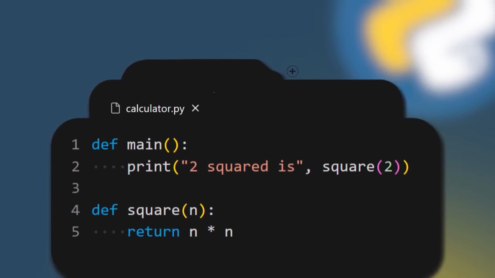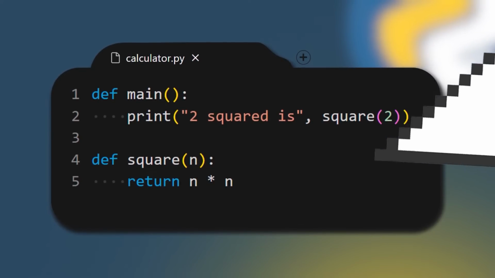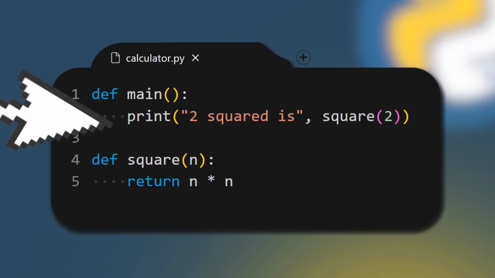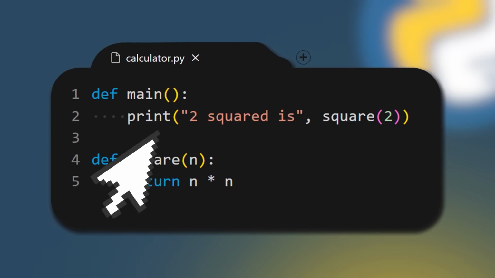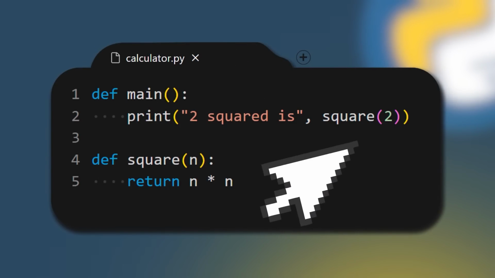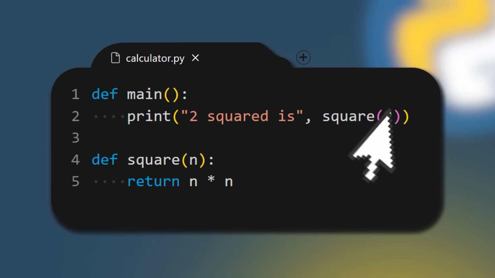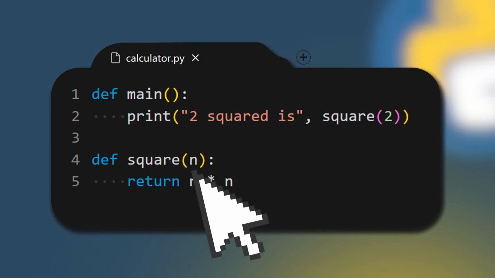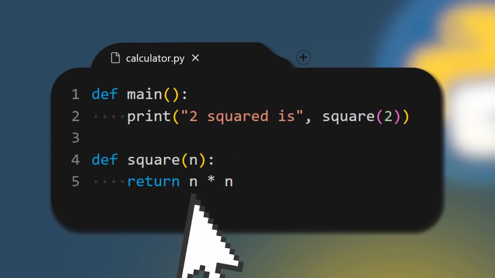Thinking about another example where we want to check if our function is working. Let's suppose we have the file above. Def main, this is our main function, and we're printing 2 squared is, and we're calling the function square, passing the parameter 2. Then we are defining our square function, and our parameter is n, and we're doing return n times n.